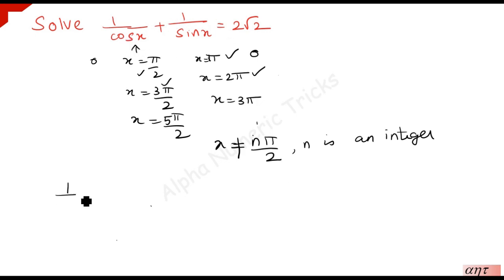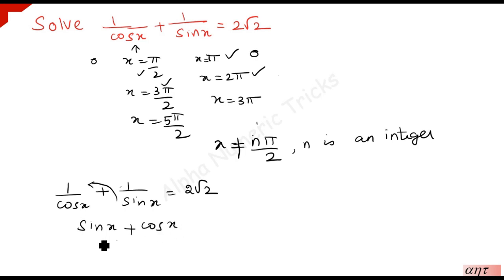The given problem is 1 by cosine x plus 1 over sine x is equal to 2 root 2. You have to take the LCM. You multiply 1 into sine x, which is sine x, plus 1 into cosine x, which is cosine x, over the product of the two terms, cosine x sine x, is equal to 2 root 2.